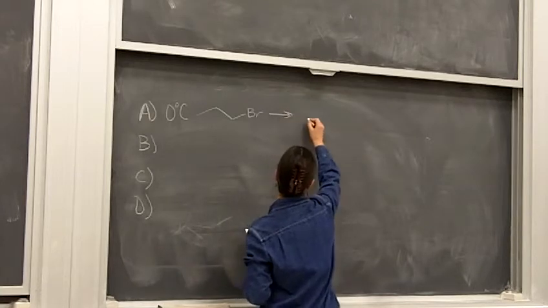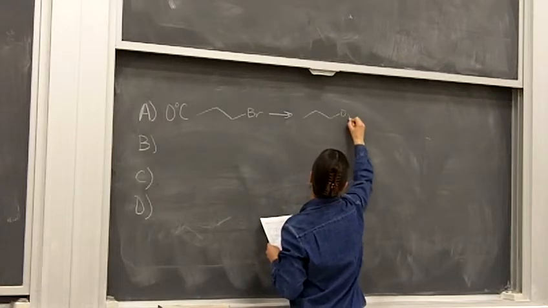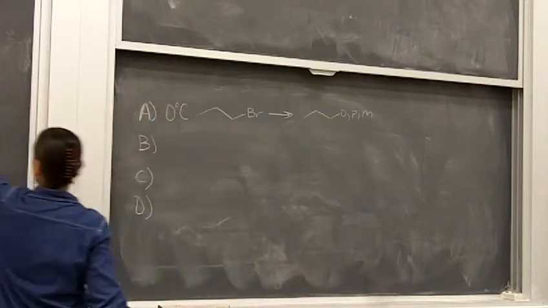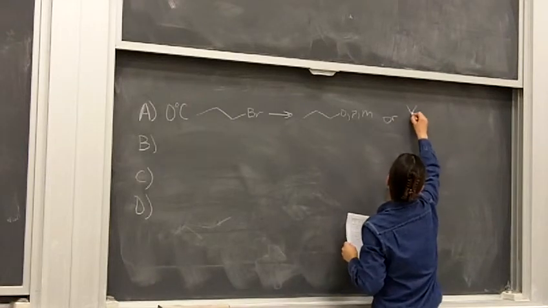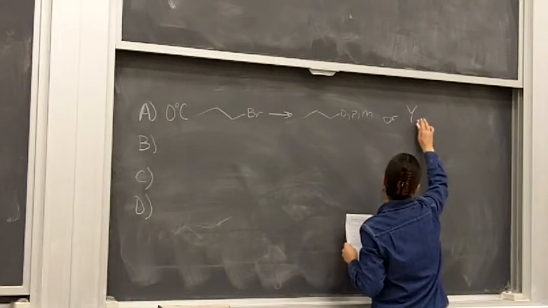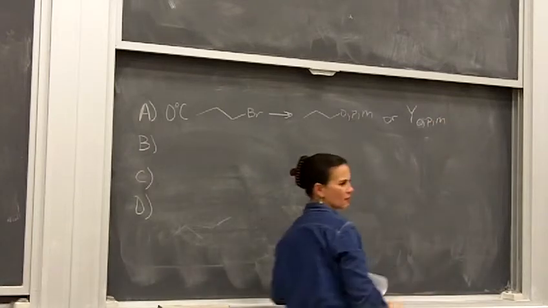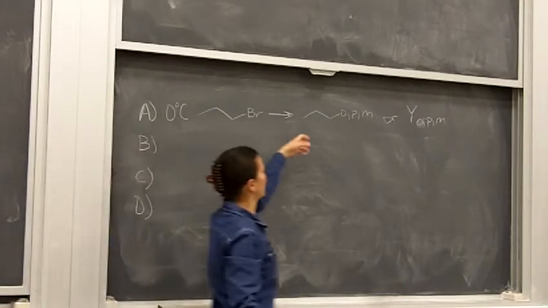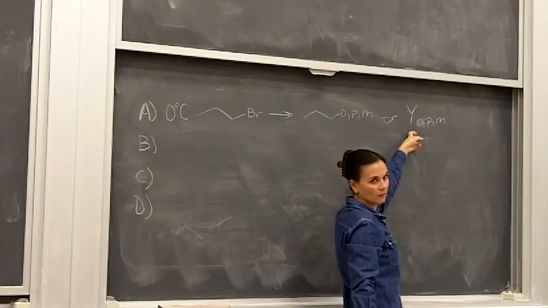Because of that, the possible substitutions you could get are adding propyl to the aromatic ring, or you could get the isopropyl group added to it. Does everyone see that? Because you're starting with 1-bromopropane, you could end up with just propyl added or isopropyl group added.